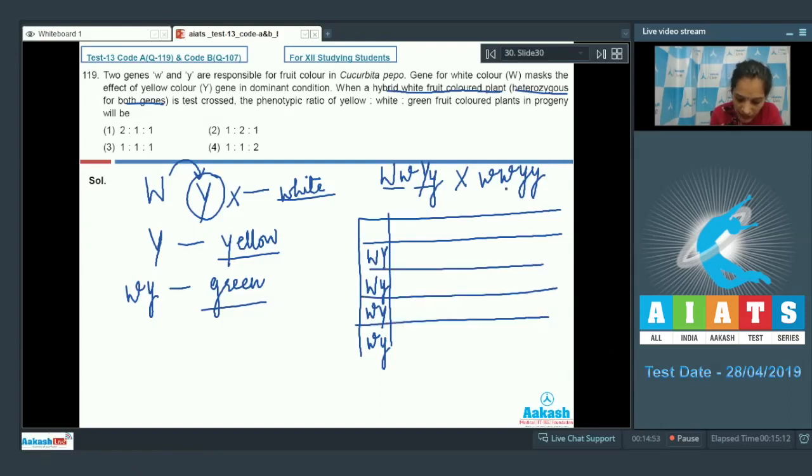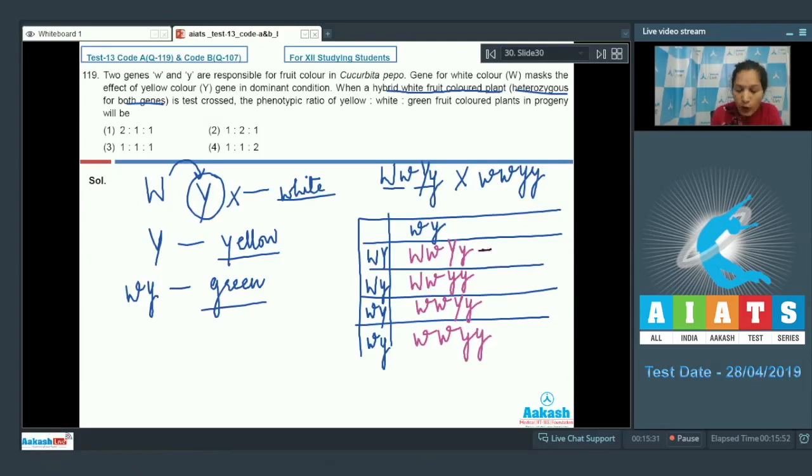And here only one type of gamete will be formed, that is small w, small y. See here, genotype of the offsprings, capital W, small w, capital Y, small y, capital W, small w, small y, small y, small w, capital Y, small y, small w, small w, small y, small y.